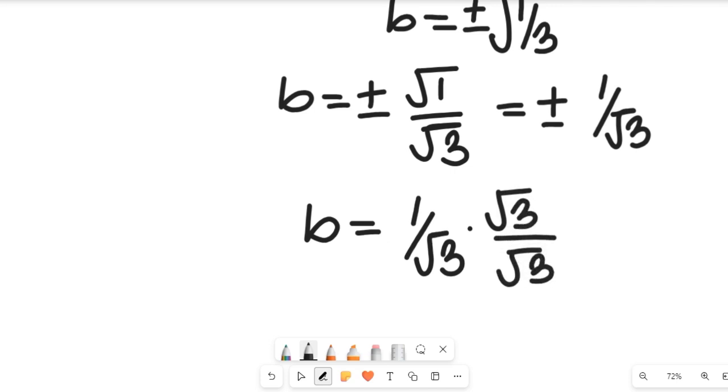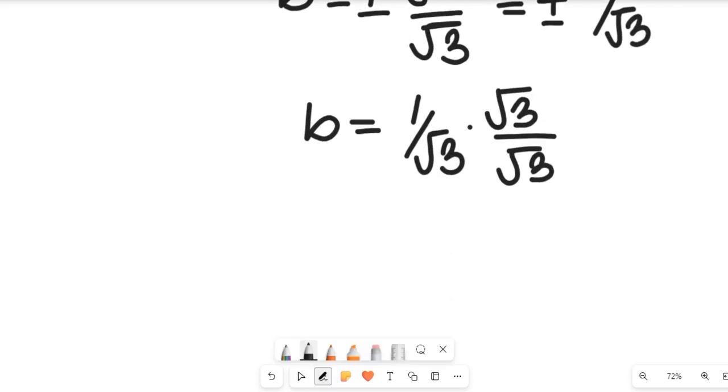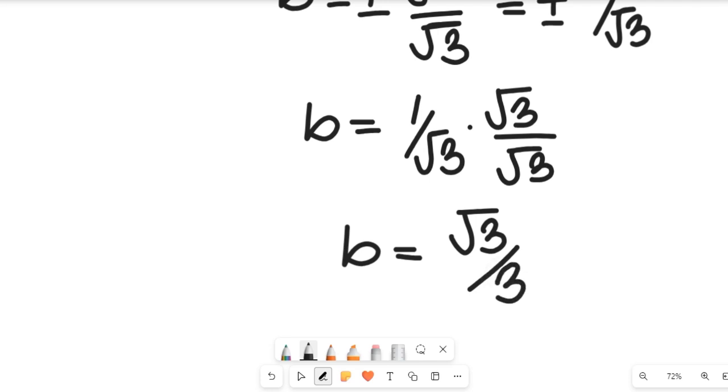When we rationalize a value, we're going to multiply what? The numerator and the denominator by the square root. So our value for B will now be equal to the square root of 3 divided by 3, because root 3 times root 3 is equal to 3.